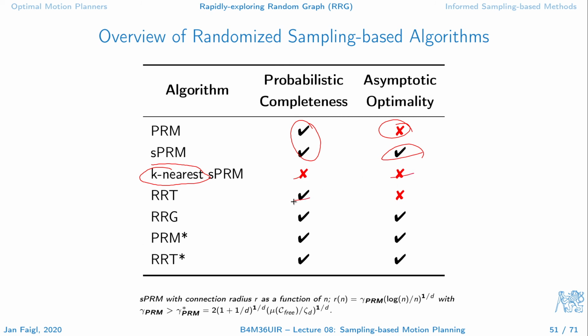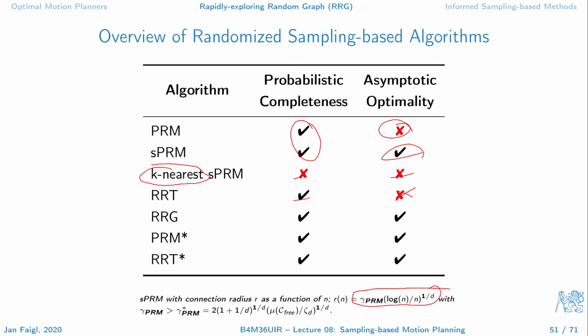RRT is probabilistically complete but not optimal. RRG, PRM star, RRT star have both these properties, probabilistic completeness and asymptotic optimality. So the SPRM with the connection radius as a function of, and again this is related to the number of nodes covering the free space, and also the dimensionality.